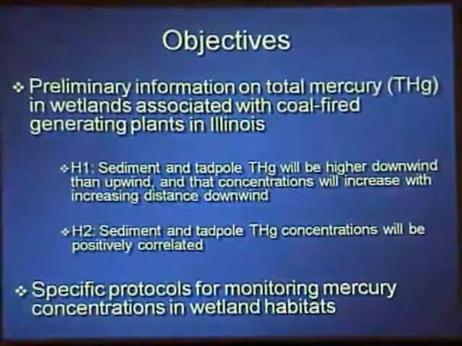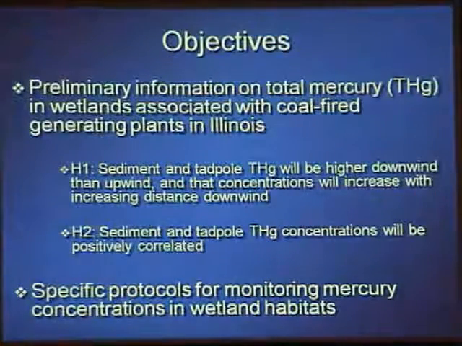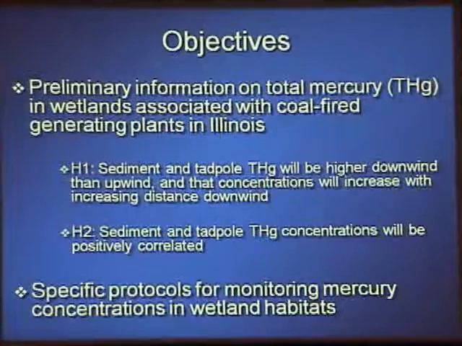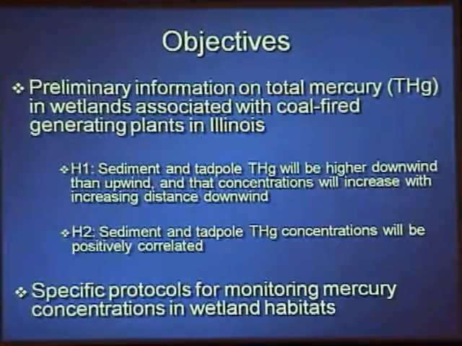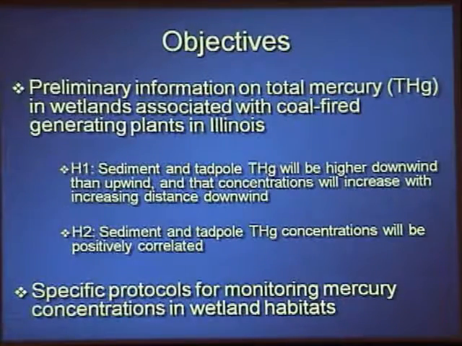Our objective was a preliminary study to get some preliminary information about total mercury concentrations in wetlands that were associated with coal power generating plants. We had two major hypotheses. The first hypothesis was that sediment and tadpole total mercury concentrations would be higher downwind relative to upwind of coal power plants, and that the concentrations would increase as we went downwind of the coal power plants.